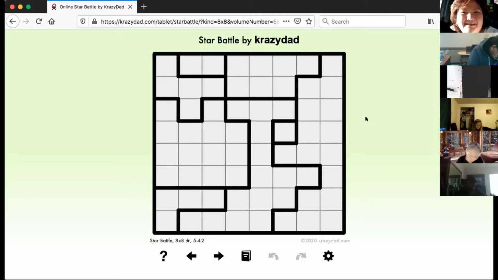So I'm going to start by asking you some questions. Can you tell me what you might notice about this grid? It's an 8x8. It is an 8x8.